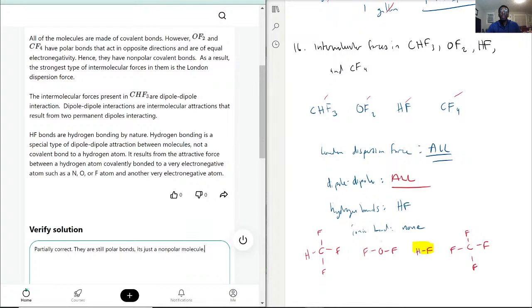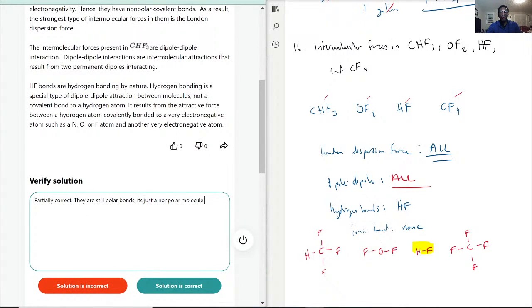OF2 is going to be a bent shape, just like H2O. So just keep in mind, they will still interact. The dipole-dipole forces are still there. It's just that each side, in a sense, has its polarity. It's not leaning towards one side, like with CHF3. Okay? And yes, HF, hydrofluoric acid, is going to be the strongest type because of its hydrogen bond. So with that, let's move on to the next question.